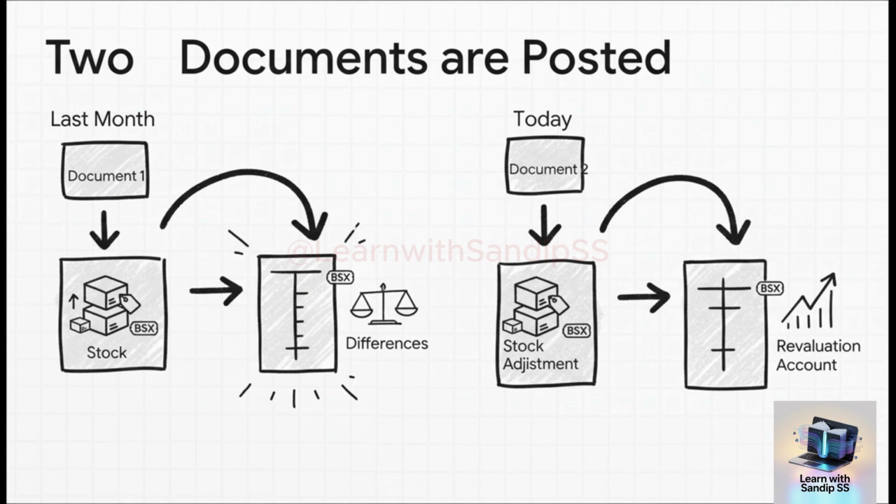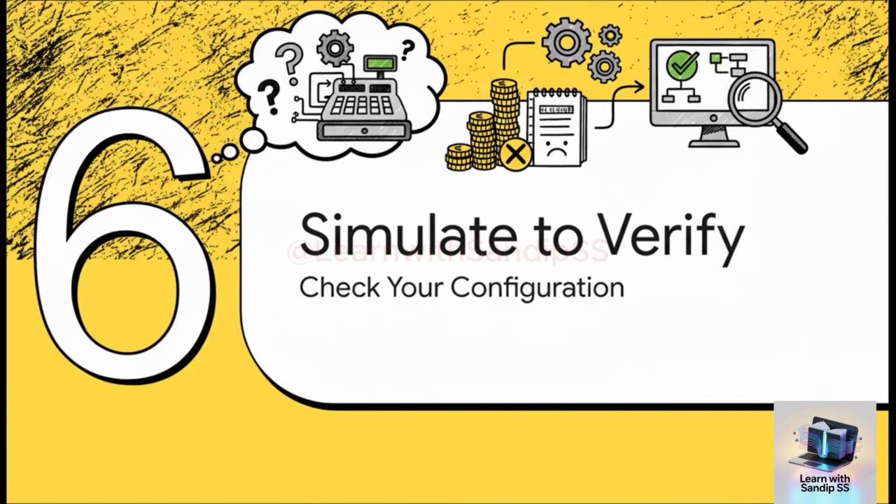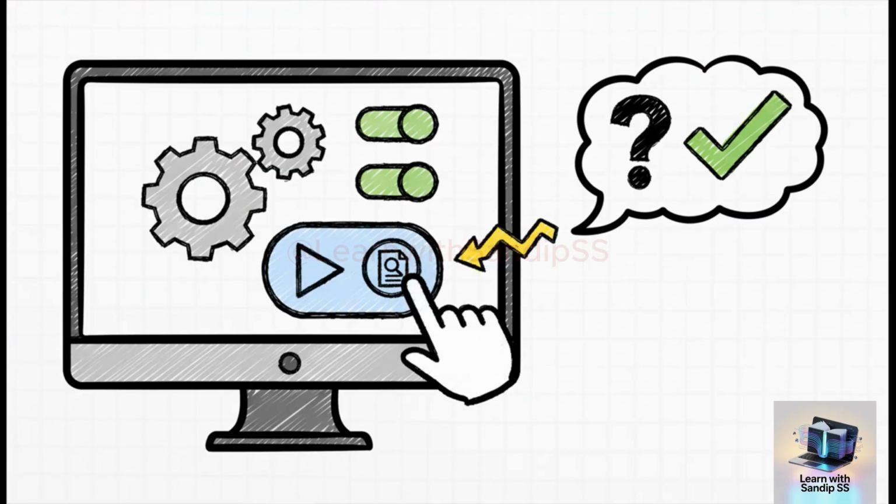Pretty clever, right? So after seeing all of that complexity, you might be thinking, whoa, that's a lot of ways for things to go wrong. How can I ever be sure my configuration is right before I flip the switch and potentially cause a huge accounting mess? Well, the good news is you don't have to just cross your fingers and hope for the best. SAP gives you a fantastic tool built right into the configuration, designed for this exact purpose.